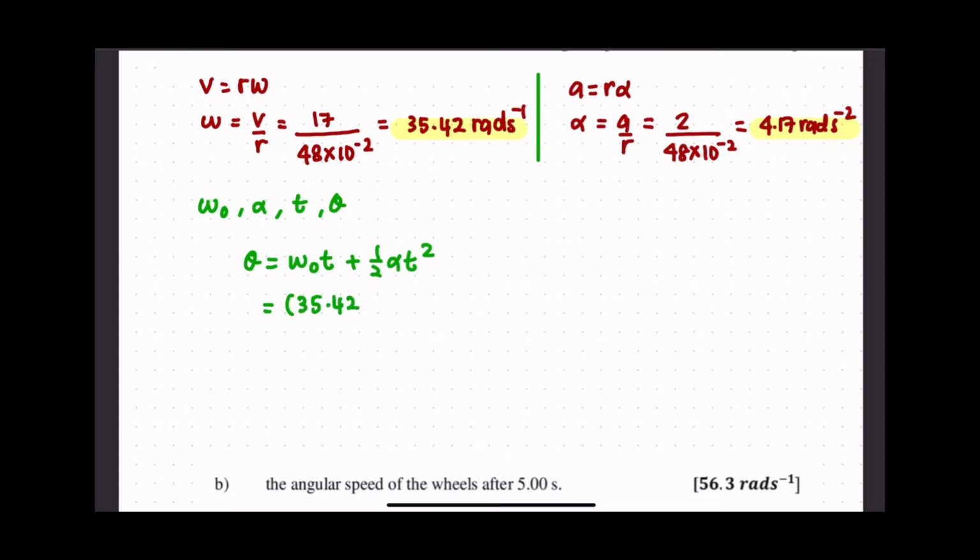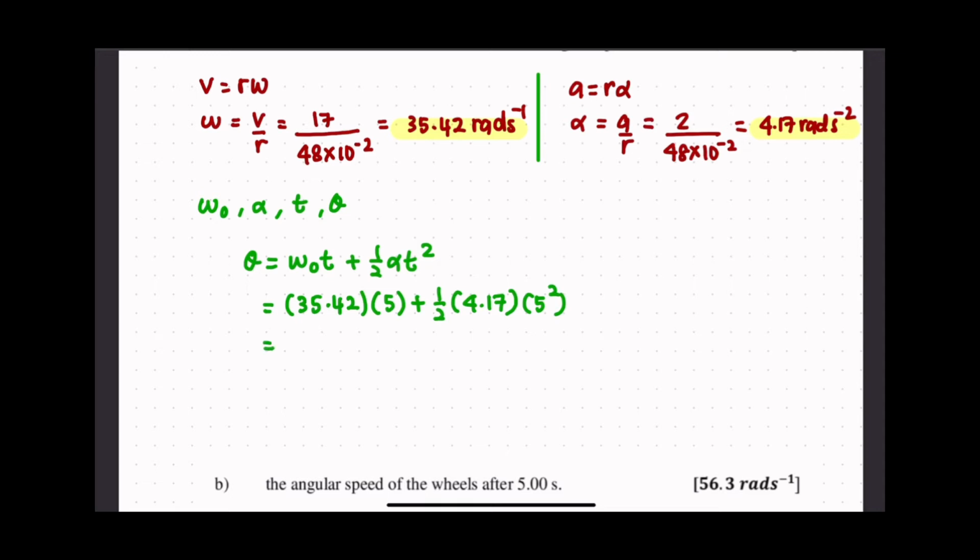So to find theta, omega naught is 35.42, which is 17 divided by 48 times 10 to the power of negative 2. Okay, times t, which is 5 seconds. Plus half, alpha is 4.17 and t is 5 to the power of 2.